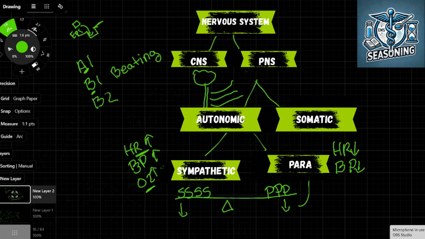That's what the B stands for. And 1, I have one heart. Beta 2 receptor sites are located in the lungs, I think of breathing. And I have 2 lungs.